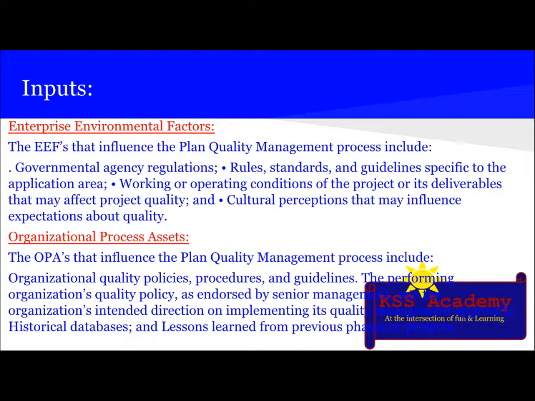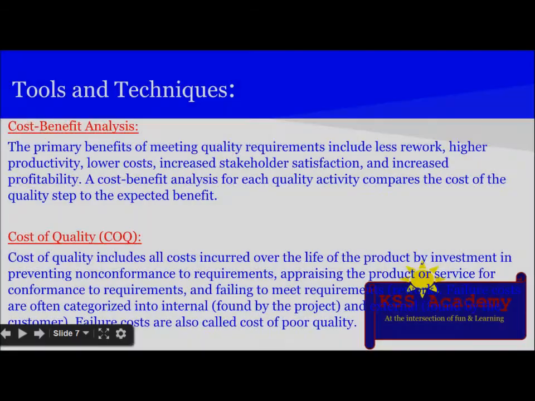The OPAs that influence the plan quality management process include organizational quality policies, procedures, and guidelines. The performing organization's quality policy, as endorsed by senior management, sets the organization's intended direction on implementing its quality management approach. They also include historical databases and lessons learned from previous phases or projects.